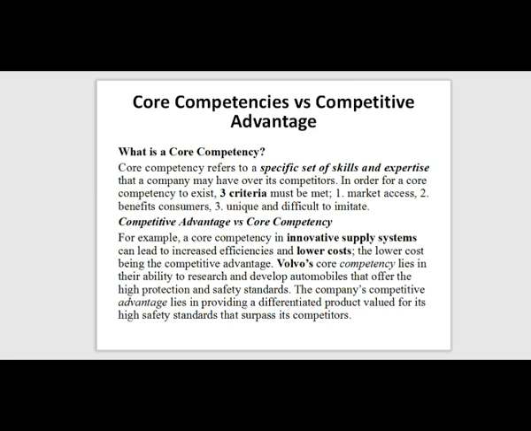Volvo is a very famous car brand. Volvo's core competency lies in their ability to research and develop automobiles that offer high protection and safety standards. The company's competitive advantage lies in providing a differentiated product valued for its high safety standards, which surpasses its competitors.